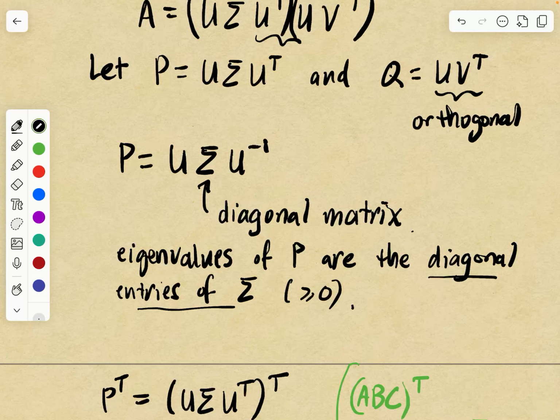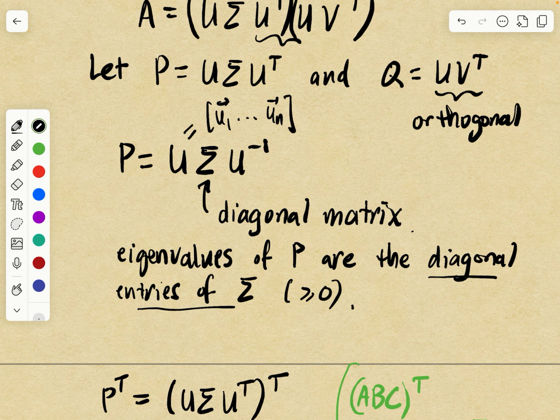If I have the matrix U, which is u1 to un, then P is stretching the ui's, these orthogonal vectors, by the sigma i's. These eigenvalues are non-negative, so P is stretching the eigenvectors ui by a non-negative factor.